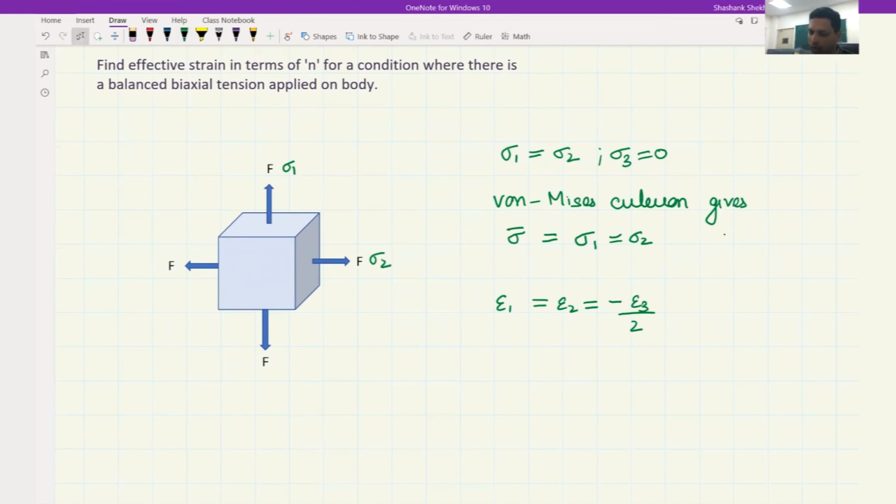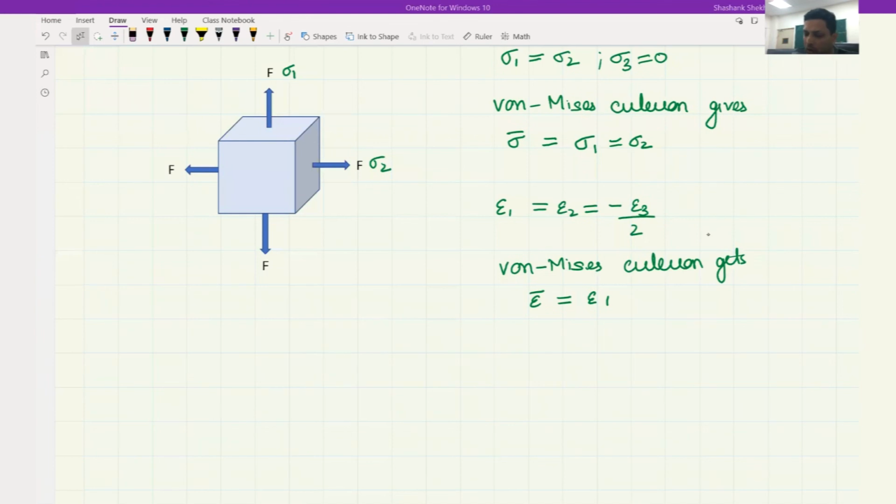And now if you put this also in the von Mises criterion, it is similar to the uniaxial condition, and there we know that the effective strain is equal to epsilon 1. So it will be similar here. Epsilon bar would be equal to epsilon 1. I'm sorry, it's not exactly the same as the uniaxial condition, because here the third one is in compression in some sense, and the other two are in tensile condition.